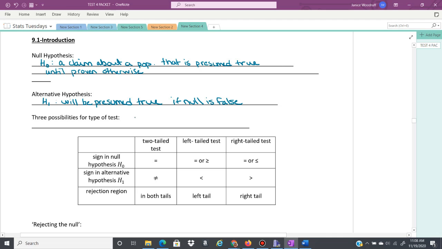All right, so when we are doing this test, you have 3 possibilities, which we'll look at a chart for shortly. The first possibility is that your test is correct. And then the other 2 possibilities are that you get an error. And there's 2 types of errors. So you have a false positive, which is called a type 1 error.